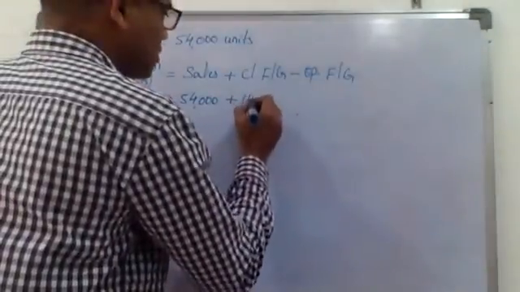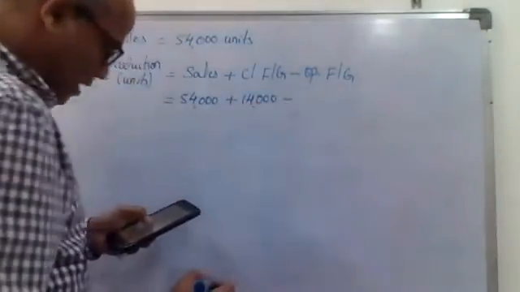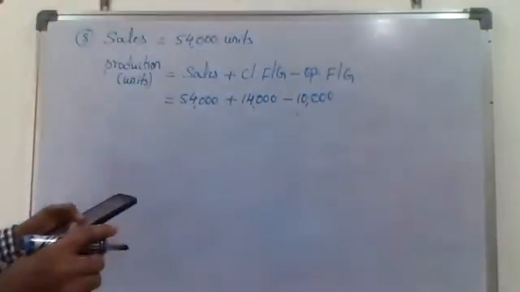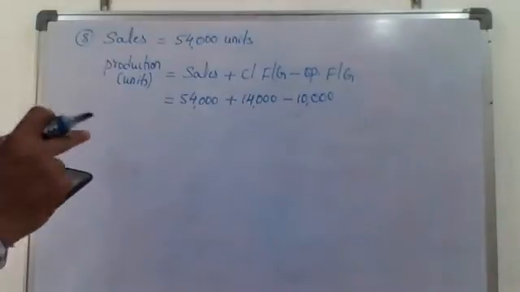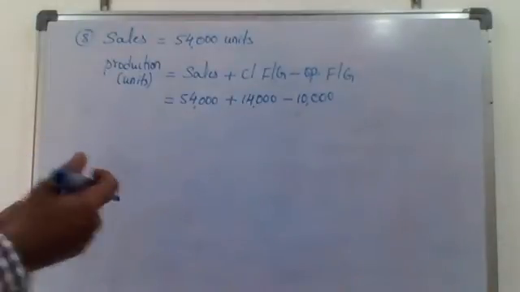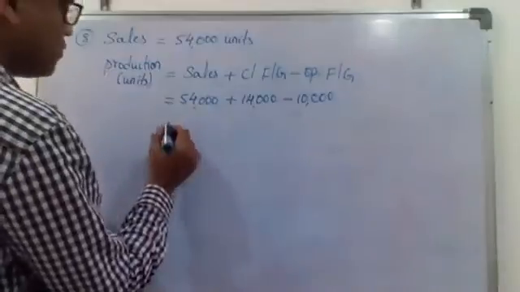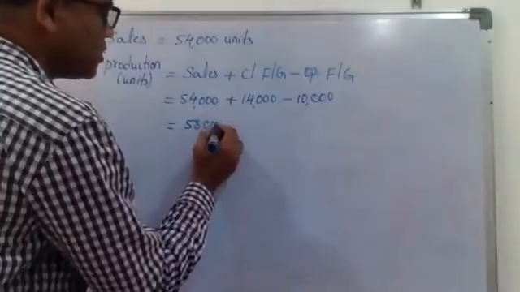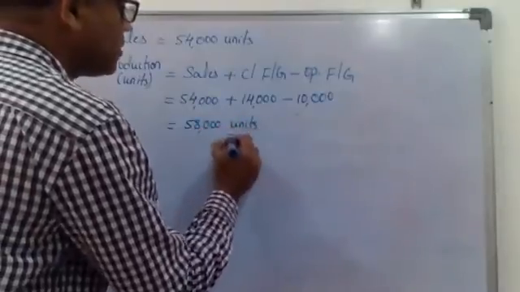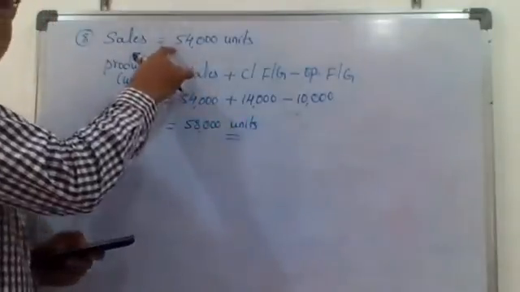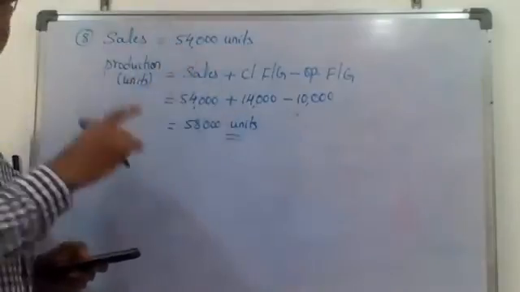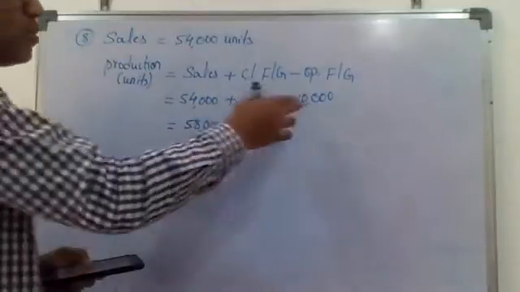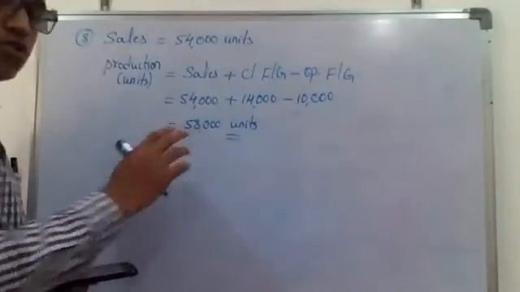So 54,000 plus 14,000 minus 10,000 gives me 58,000 units. Now, I know you are planning to sell 54,000 units, but in order to sell 54,000 units of finished products, you must produce 58,000 units because that is your requirement. So 58,000 should be produced.